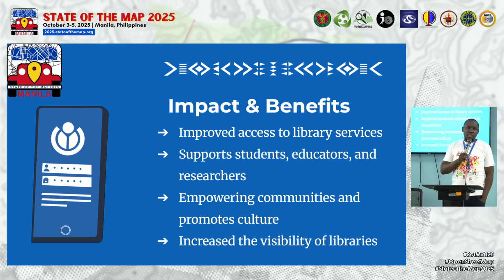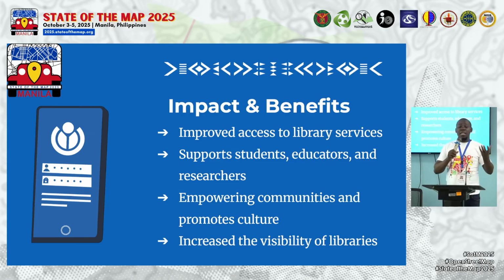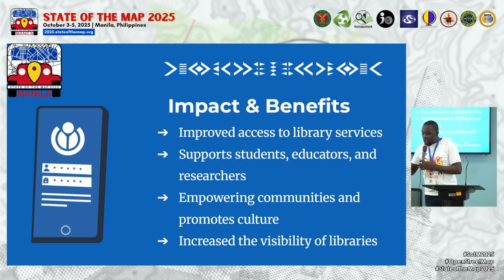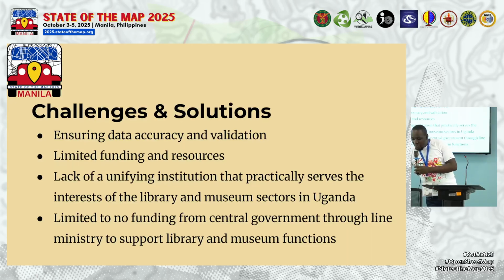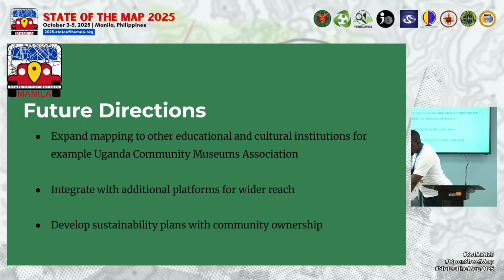And empowering communities. So many community stories were not told before, but now when we went in and gathered this information, you can see the rich information that was not being known to the world. Also increasing visibility for these libraries and museums.